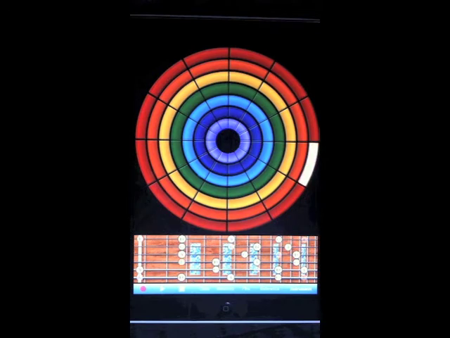Now I'm going to go from indigo back to red. Listen to this. Do you hear that sounds very comfortable? And I'm going to go back to indigo. I feel like I'm in suspense. That is one of the most powerful sad chords, in the indigo position in every pie slice.